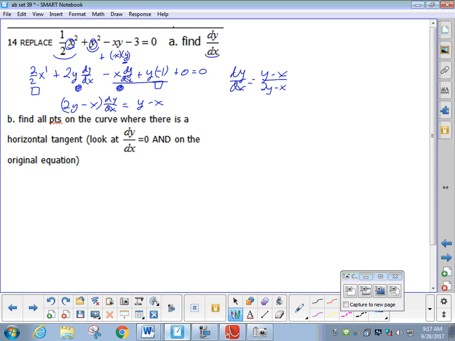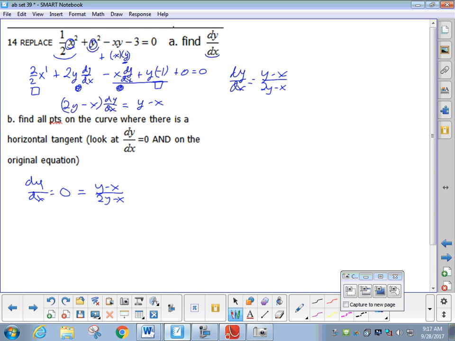Find all points on the curve where there's a horizontal tangent. Look at dy/dx equals 0 and on the original equation. That might be the part that tripped you up. If it's a horizontal tangent, then the derivative is 0. Now that means that the top is 0. If the bottom is 0, that's a vertical tangent and it's undefined, not a horizontal tangent that's 0.